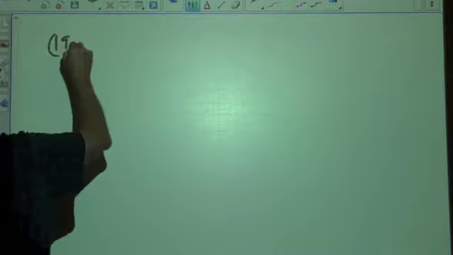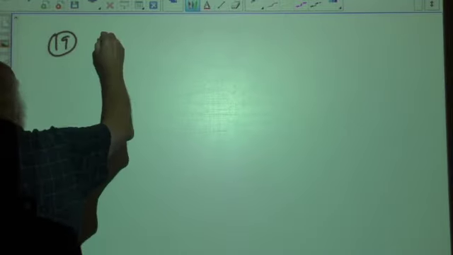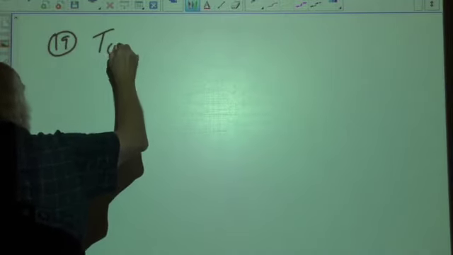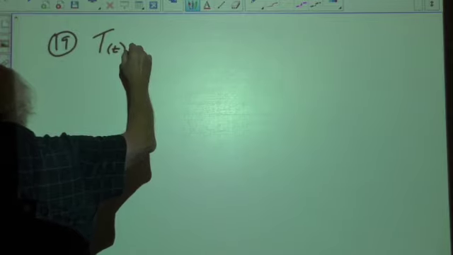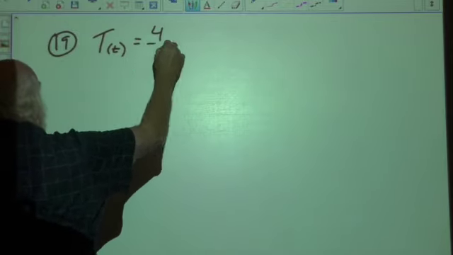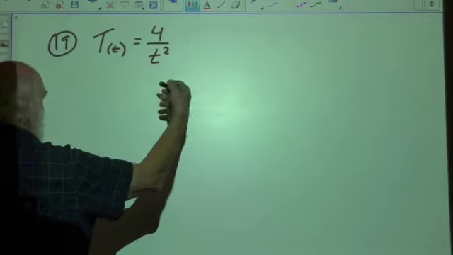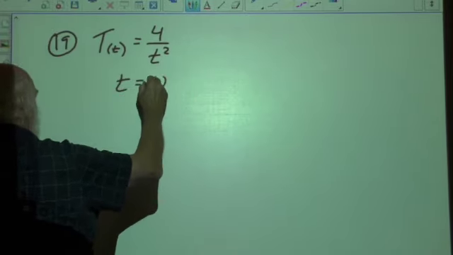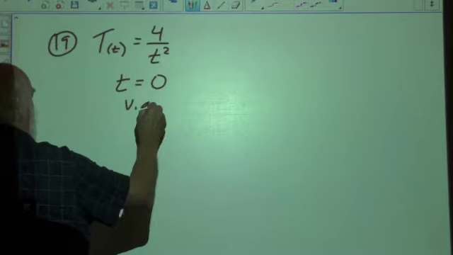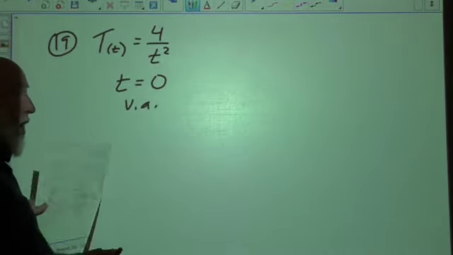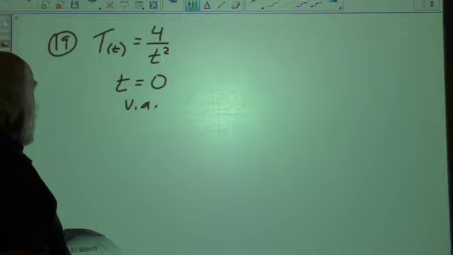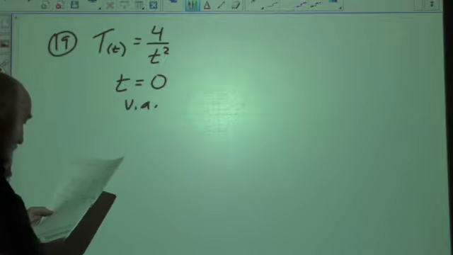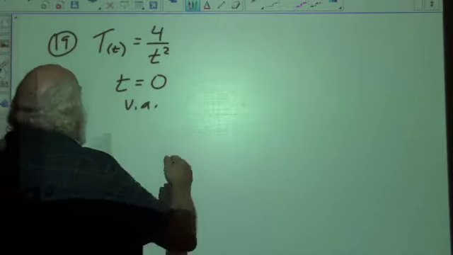Number 19, we have capital T sub t equal to 4 over t squared. Well, that's pretty obvious. t is going to be equal to 0, which will be your vertical asymptote. T sub t would be your y, and little t would be your x. Number 21 is pretty simple too.